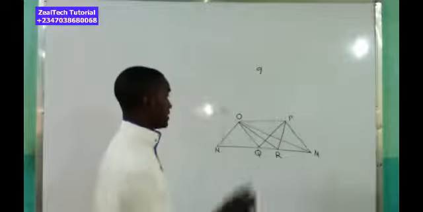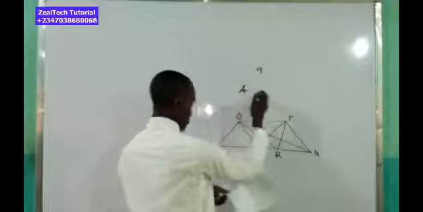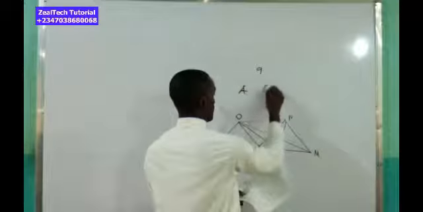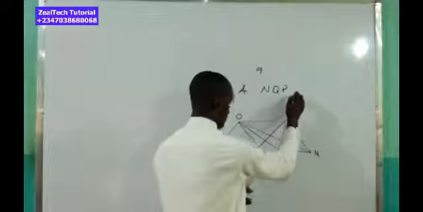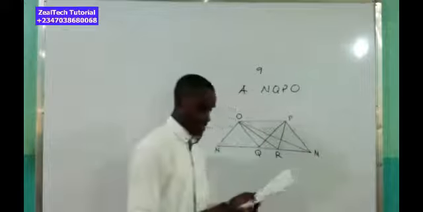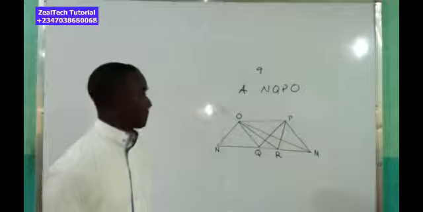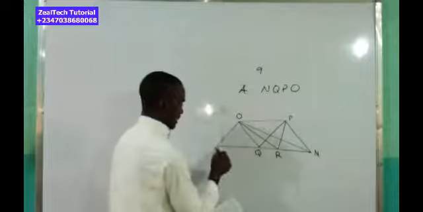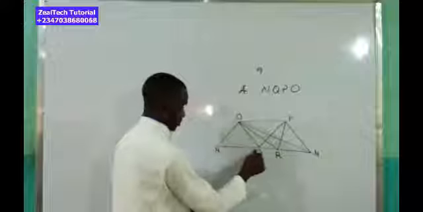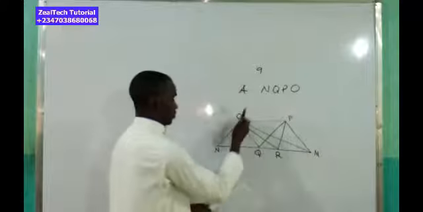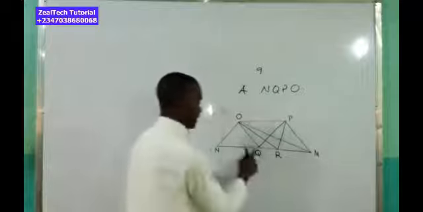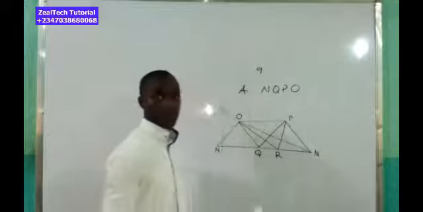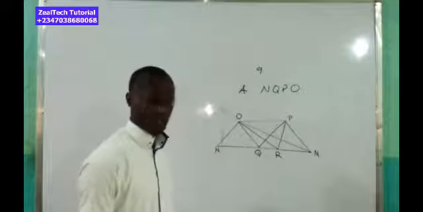The answer in this case is A, whereby N, Q, P, O is a rhombus. You see, NQPO, this one is a rhombus. There is also another rhombus here, this other one, but it's not listed in the options.